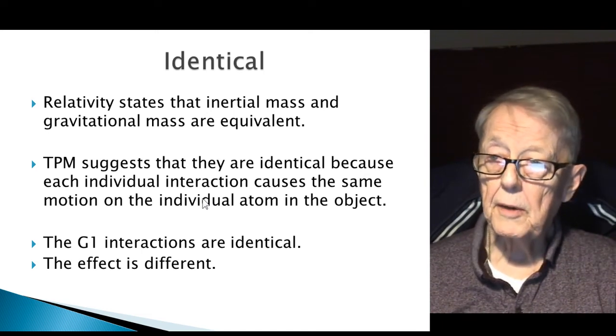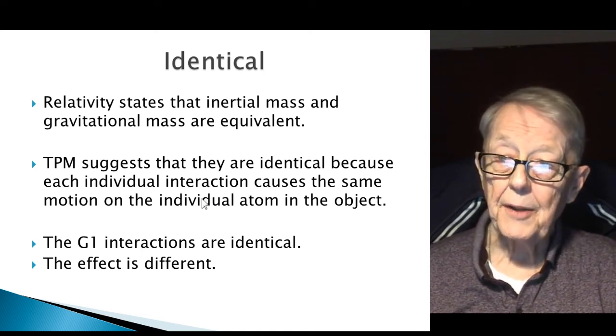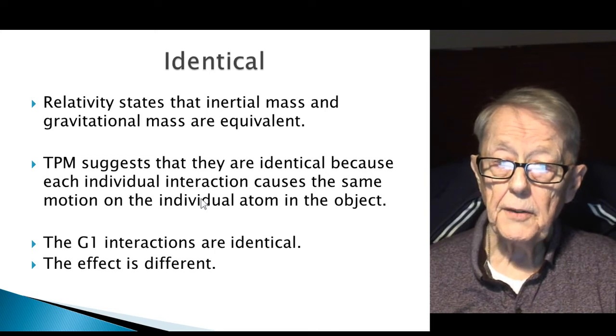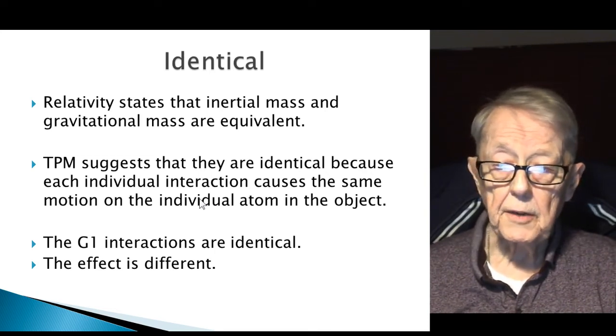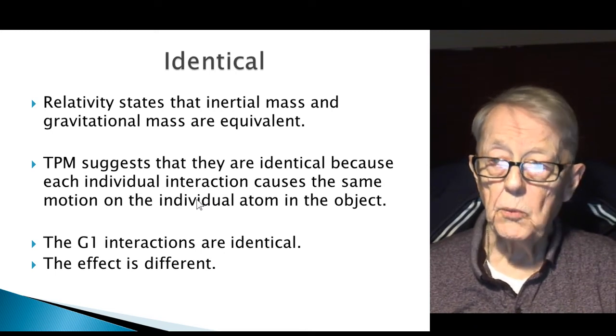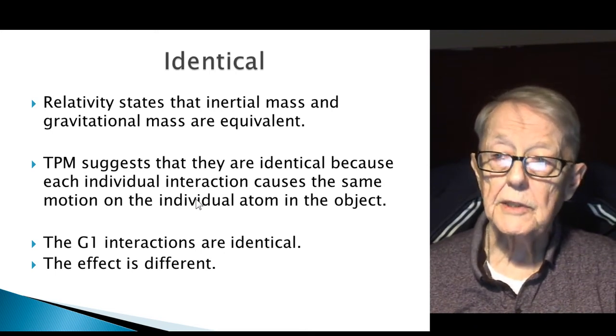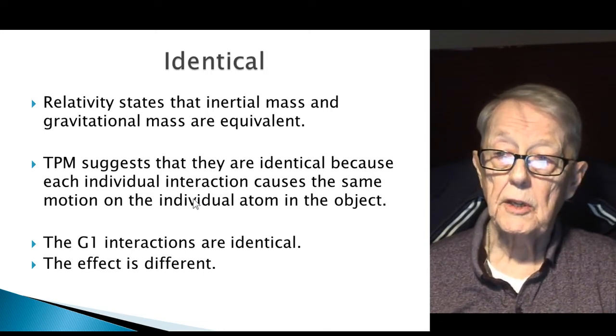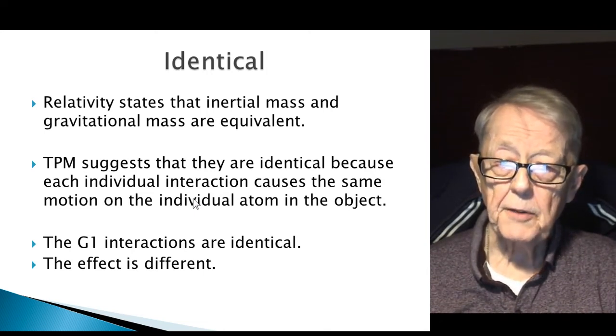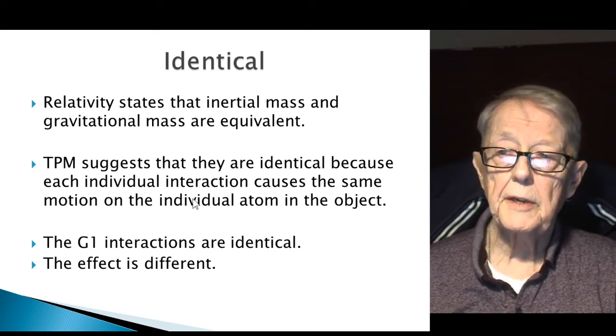The G1 particle is the same particle acting on the man in the elevator on the Earth as in the elevator on the spaceship. G1 interactions are identical. It's the same particle, it's the same man. The individual interactions are identical.